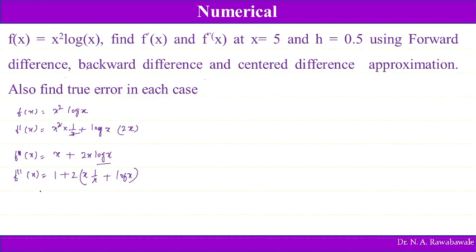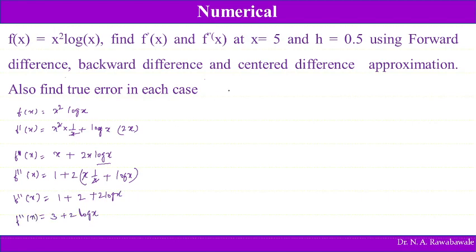On simplification, this f double dash of x we get as 1, this x gets cancelled, 1 plus 2, that is 1 plus 2 plus 2 log x, that is 3 plus 2 log x. So this is f double dash of x.